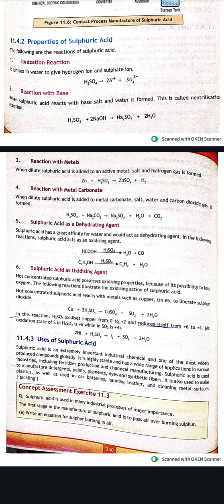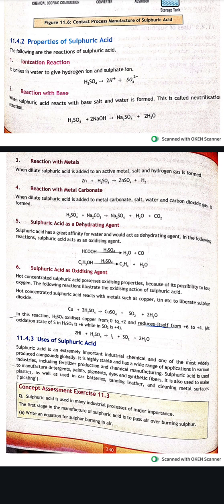So sulfuric acid does ionization reactions, reaction with water, reaction with bases, and reaction with metals. Reaction with metal carbonates: when it reacts with carbonates, we get sulfates plus water plus carbon dioxide.